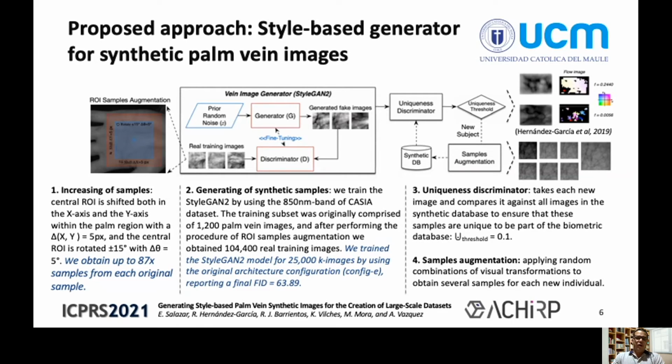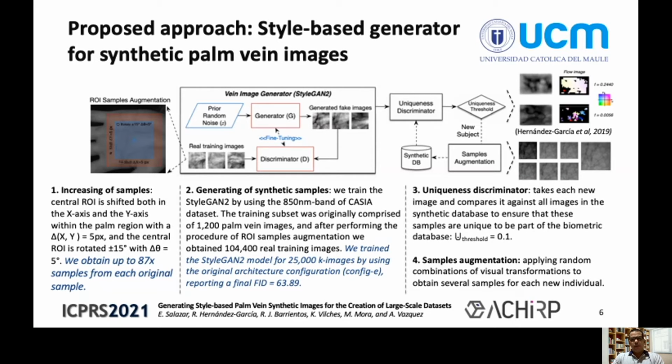The final step of our method aims to increase the number of samples from the generated images, which correspond to different individuals in the datasets. This process is important in order to generate a biometric database composed of several samples for each individual. For this purpose, we consider the natural transformations that occur during the acquisition process of palm images using a non-contact device.